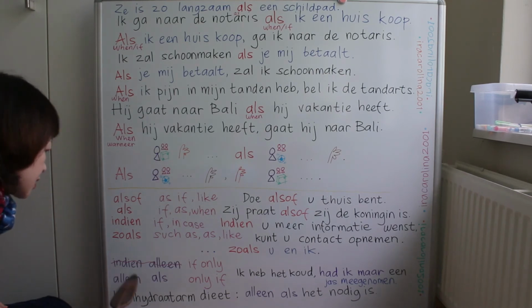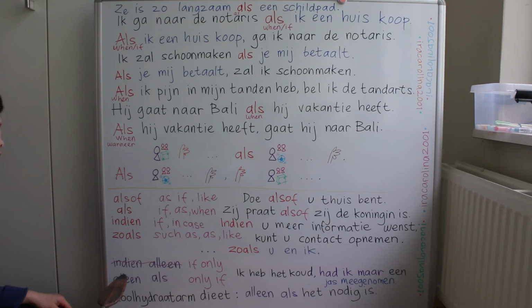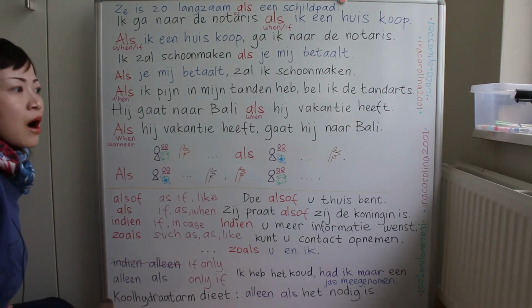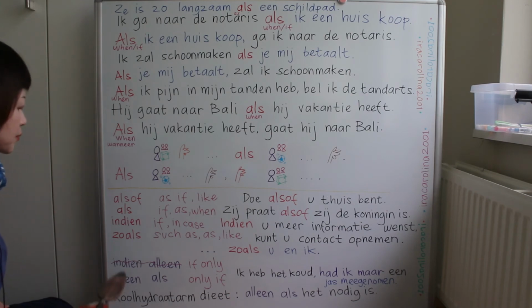We have this Indien Alleen. I was on my way to put this one as if only, because Indien can be as if and Alleen can be only, but it seems like it's kind of hard to put these words in the sentence side by side.